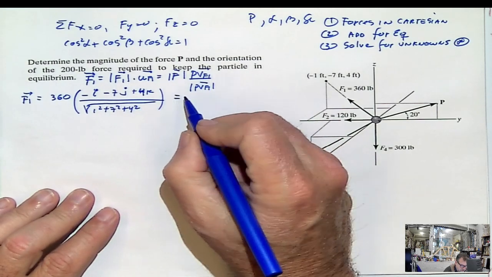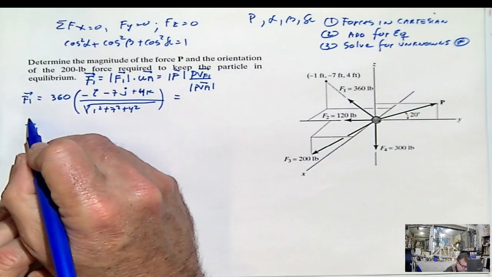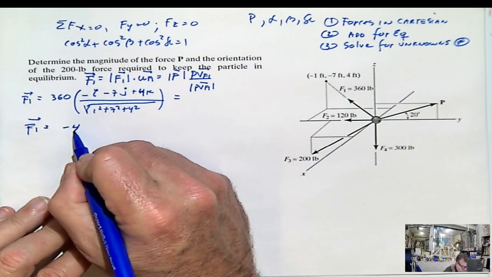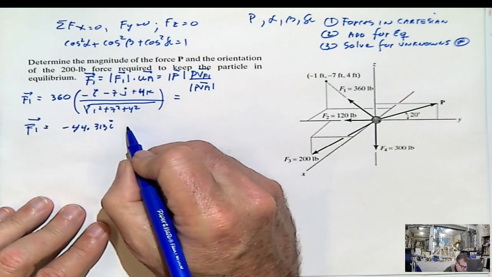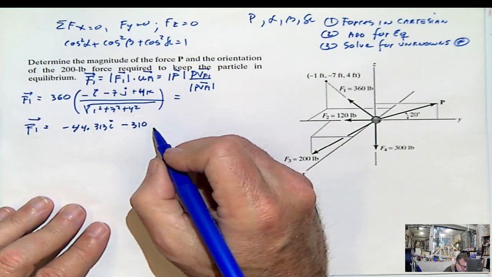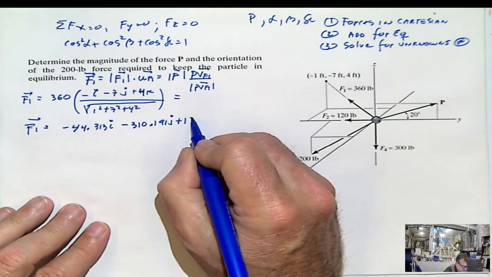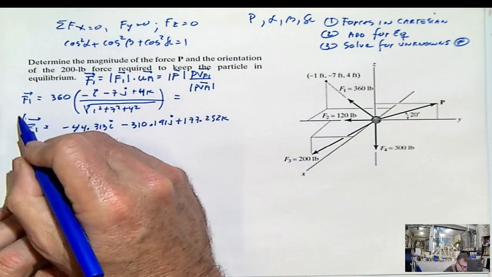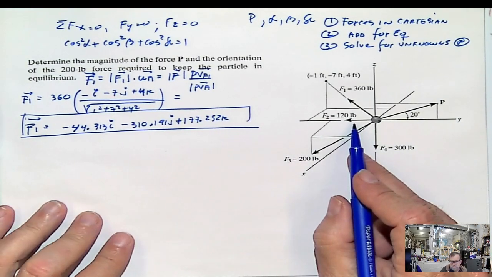And that will give us force 1 in Cartesian. I'm going to copy it here. That will be negative 44.313i minus 310.191j plus 177.252k. Force 1, perfect.